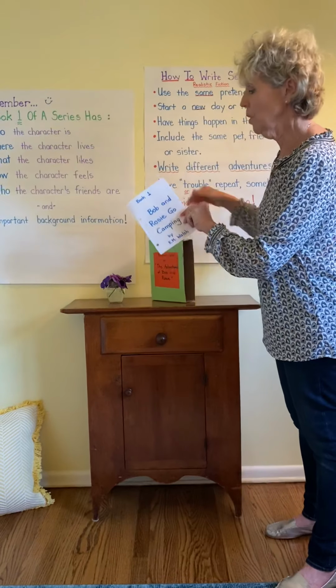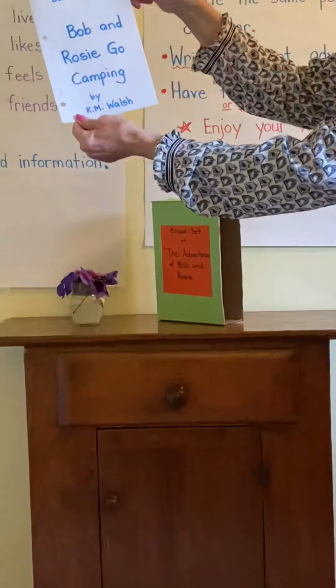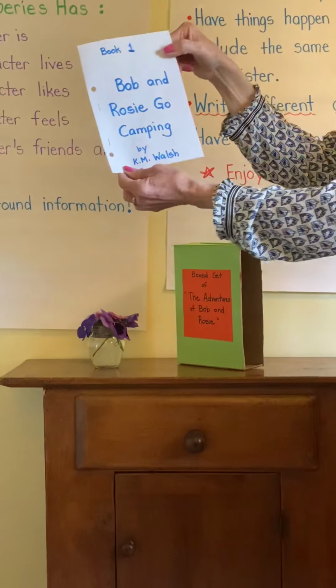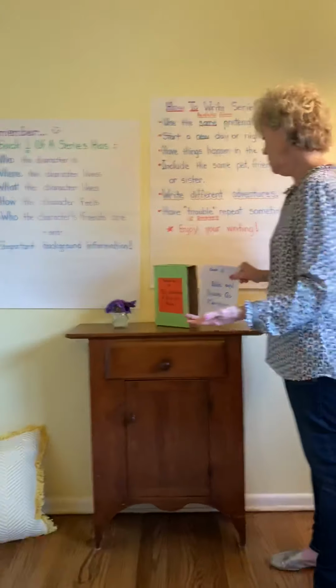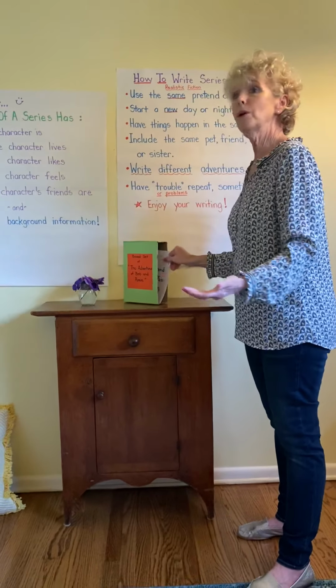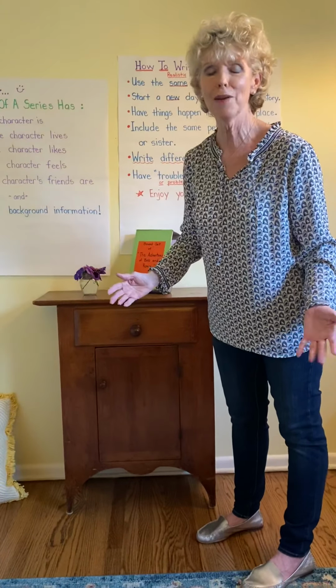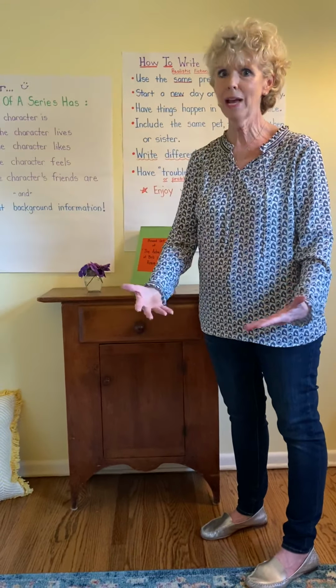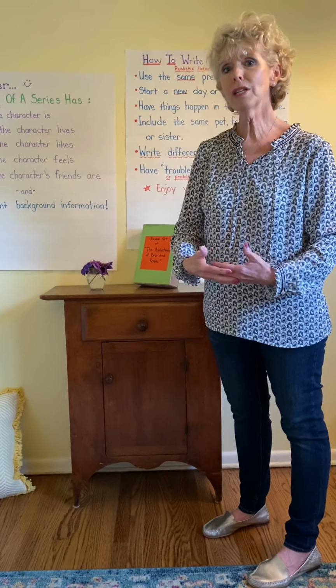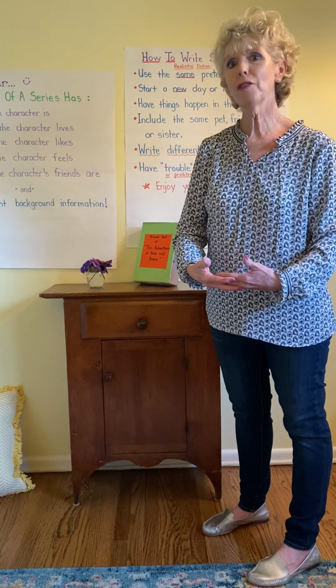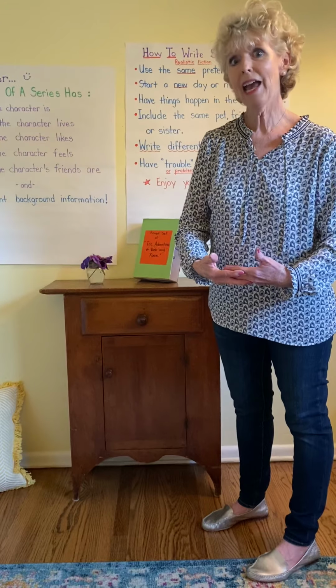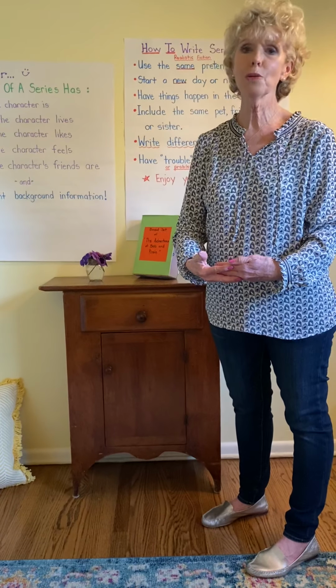I have book 1, Bob and Rosie Go Camping by K.M. Walsh. Now the next story might be something like Bob and Rosie Go to the Beach, or Bob and Rosie Save the Day, and some adventure will happen. In realistic fiction writing, the author enjoys the story and hopes that the reader will also.